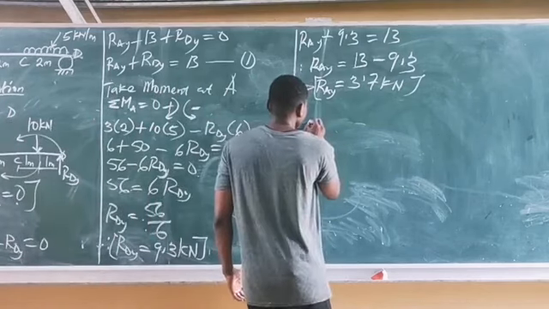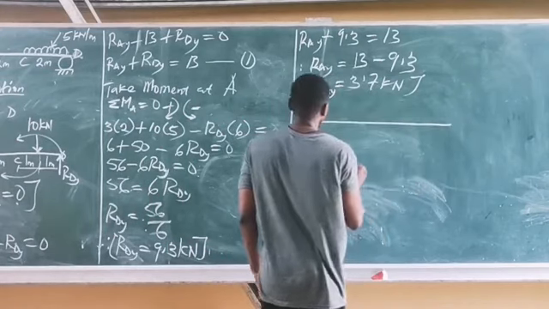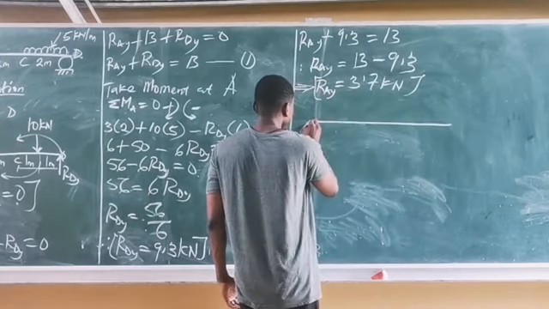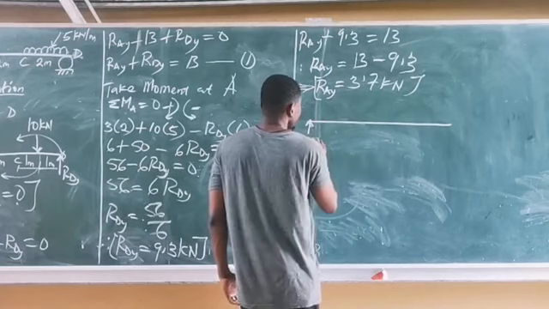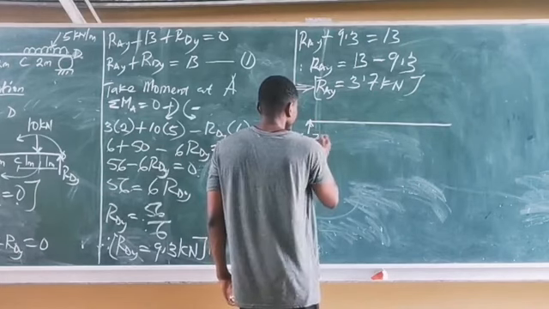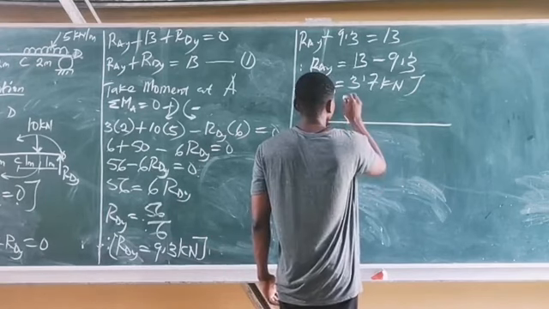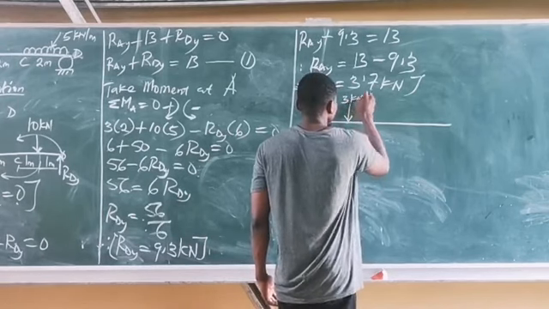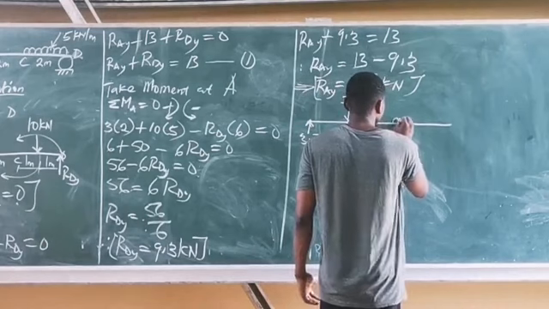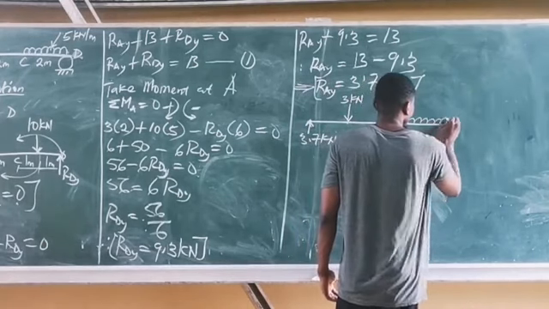Okay, so we bring back the beam. RAY we have here to be 3.7 kilonewtons. At point B, we had a 3 kilonewtons force here. Okay, between C and D, there's a UDL.